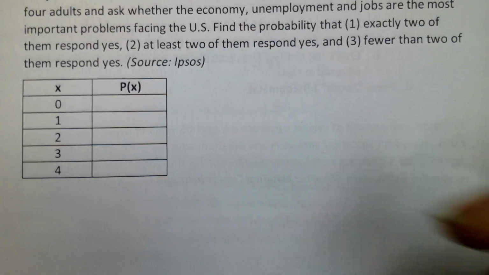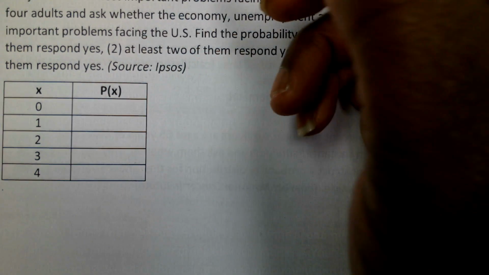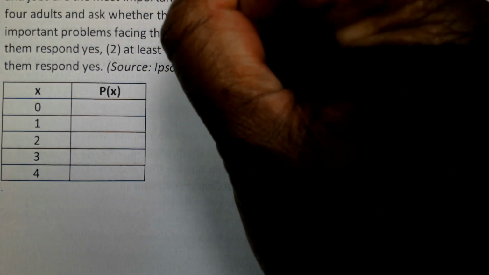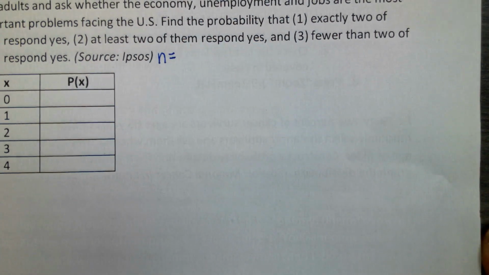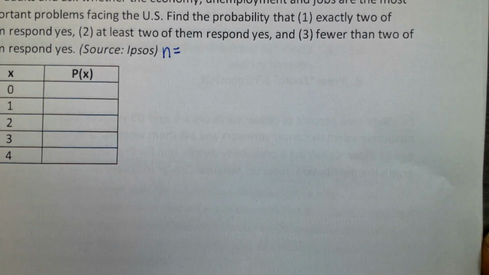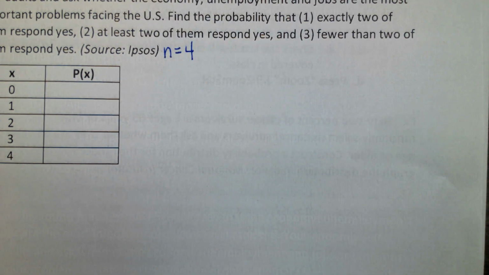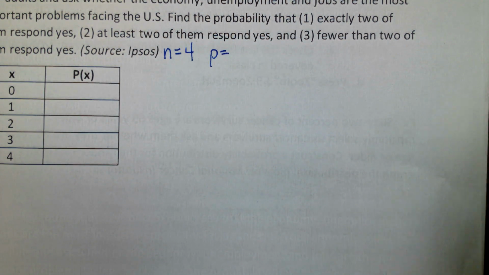Alright, so let's look at our numbers first. What is our n in this problem? What's our sample size? 4. And then what is our p? 0.22.